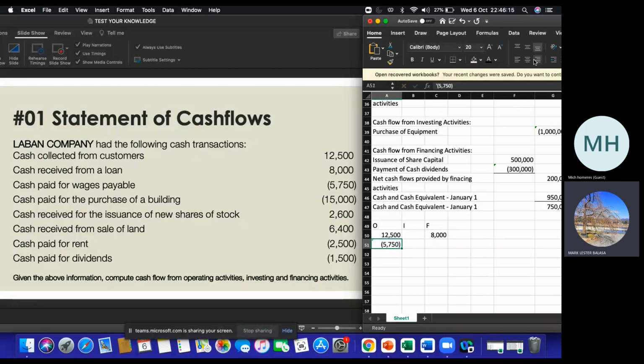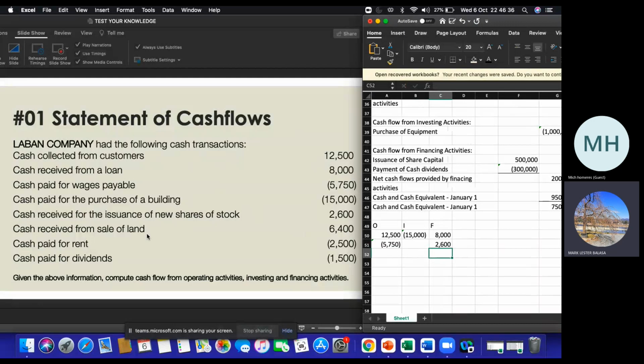What else? You have cash paid for the purchase of a building. That's an investing activity. Your cash decreased, so we subtract 15. Then you have cash received from the issuance of new shares of stock. That's financing, 6. What else?